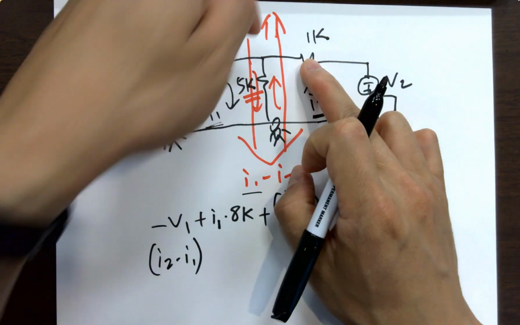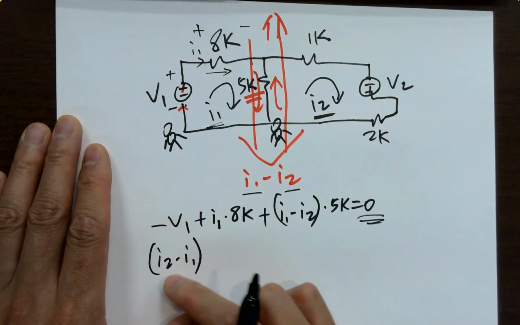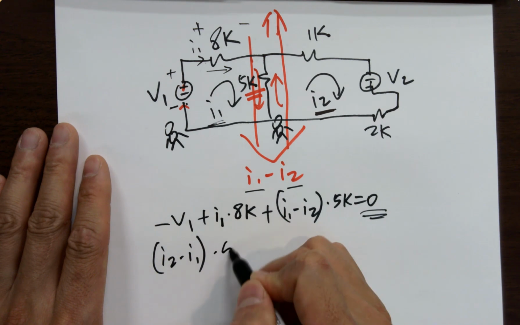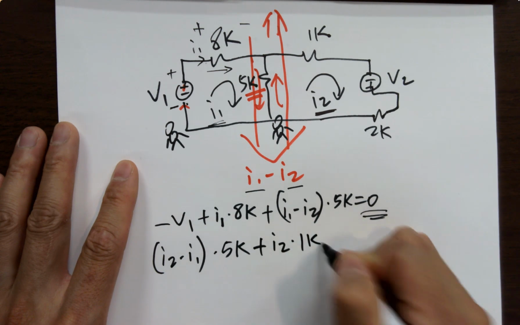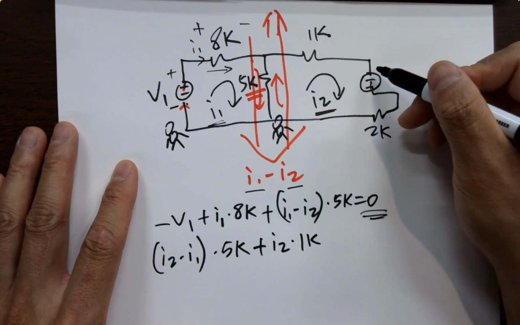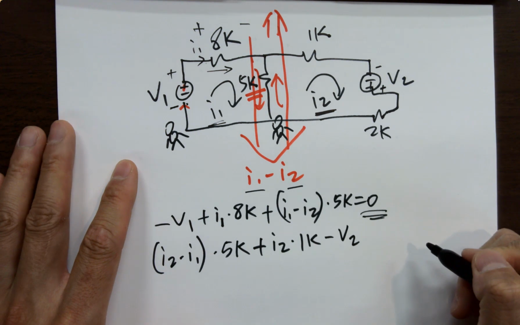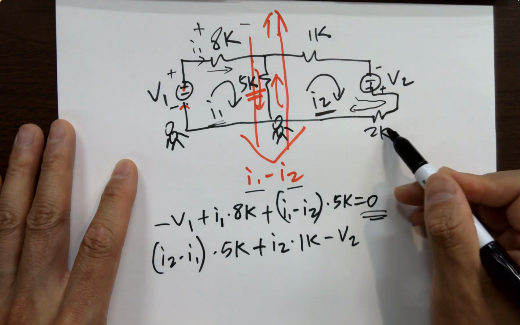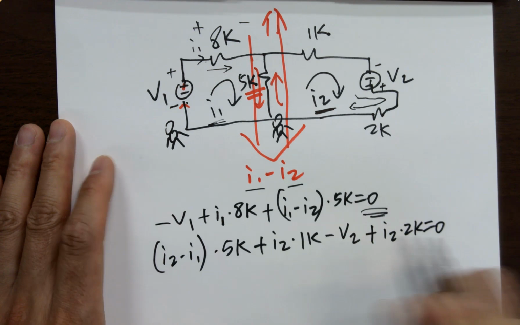I2 is going up, I1 is going down, so the overall current flowing up is I2 minus I1 times 5K, plus I2 times 1K. And here it's a minus plus, so it's minus V2. Because this is I2 going here, flowing through 2K, so it's plus I2 times 2K equals 0.